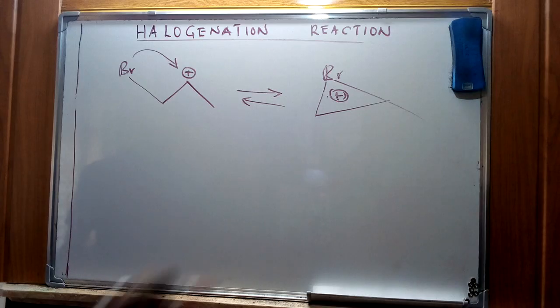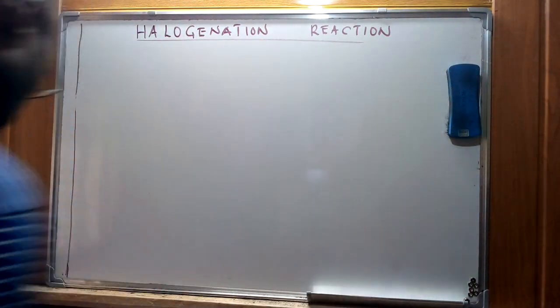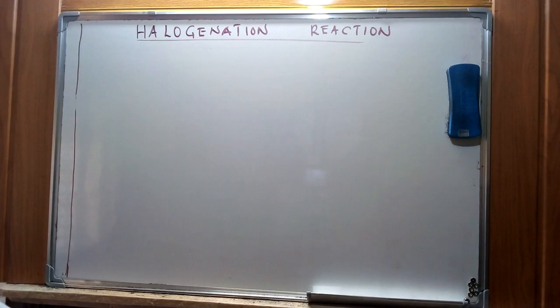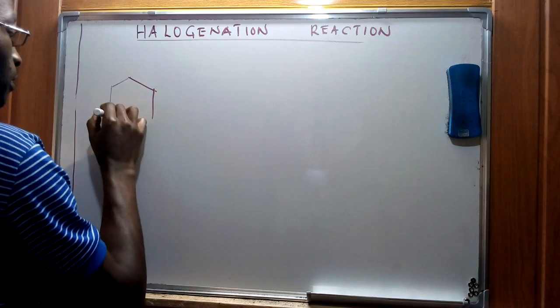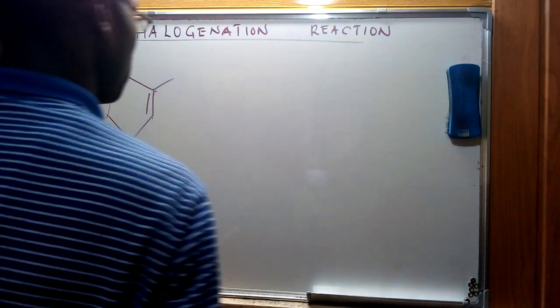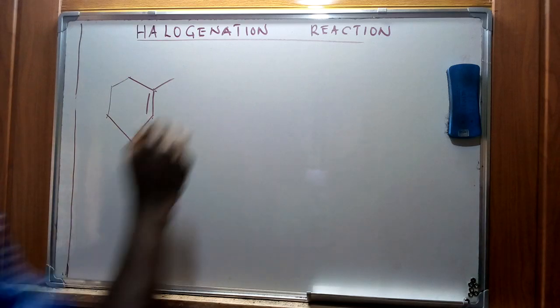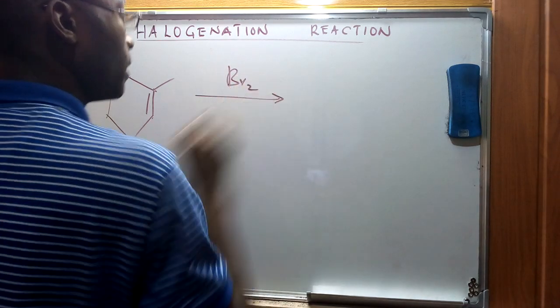Now we can just look at an example in this particular case of perhaps a cyclohexane, and then try to see how that reaction is going to take place and the subsequent rearrangement that is going to be experienced, so far as this specific cyclohexane is concerned.